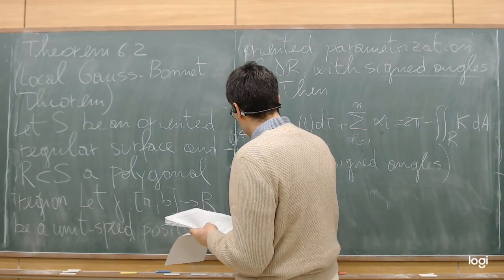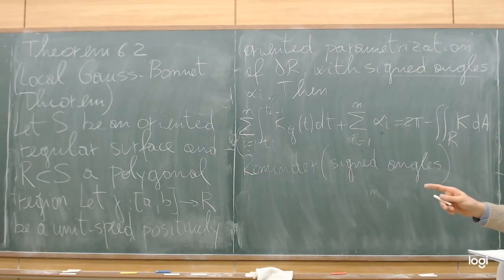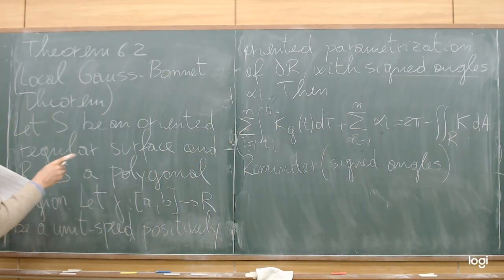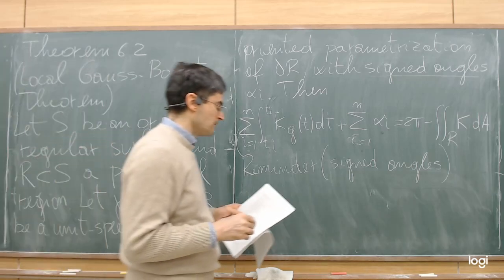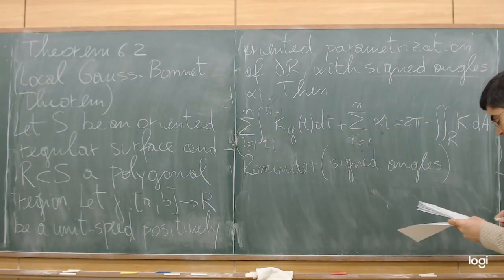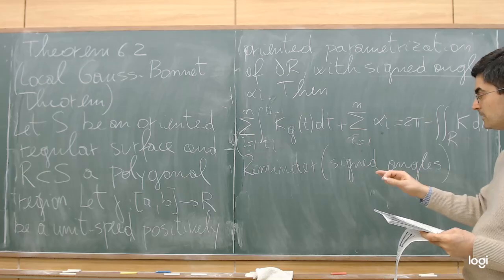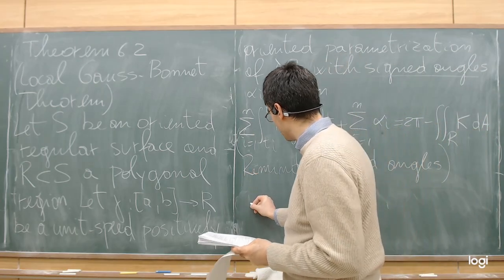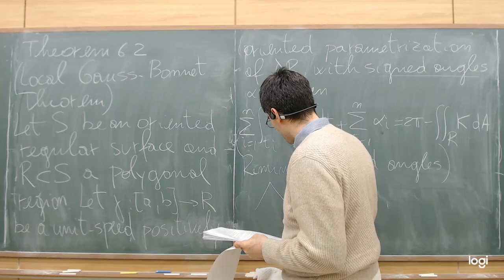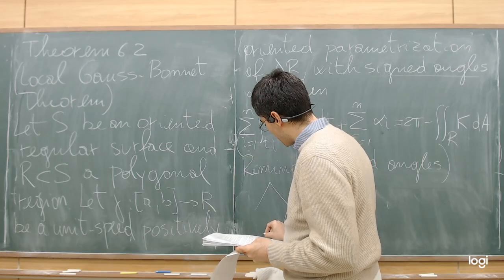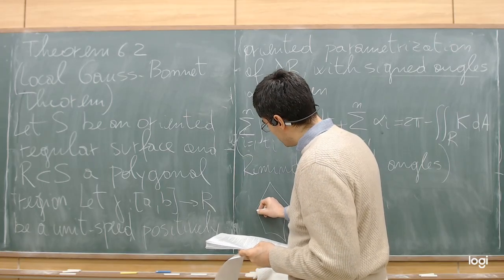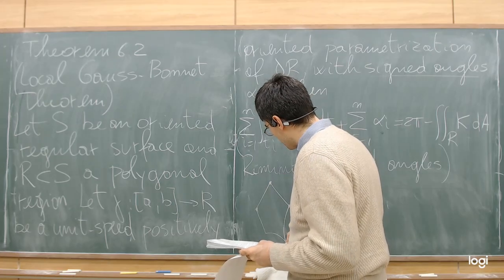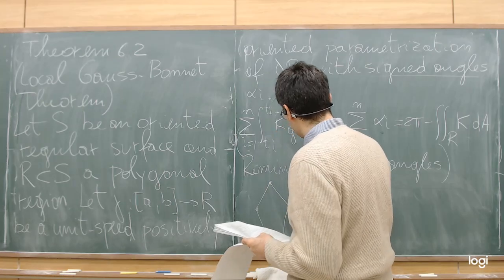If you have simple closed curves, which is piecewise regular, then this curve has corners, like this one. At each corner, you have two velocity vectors.